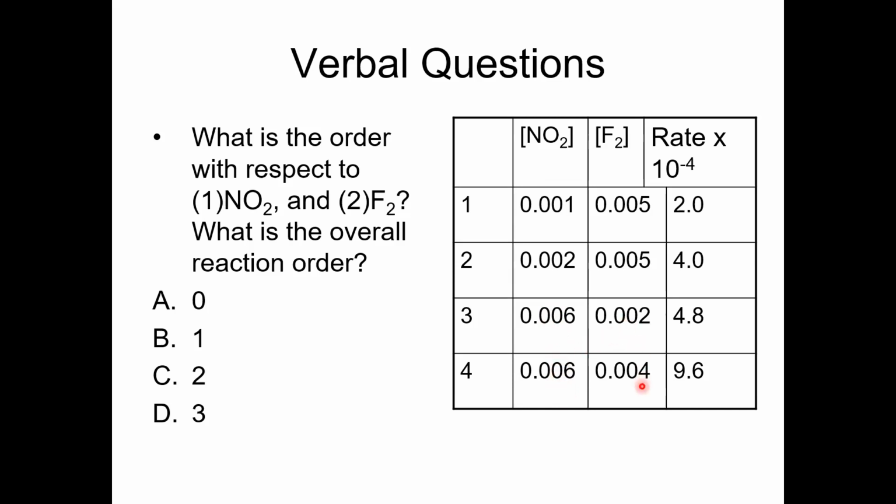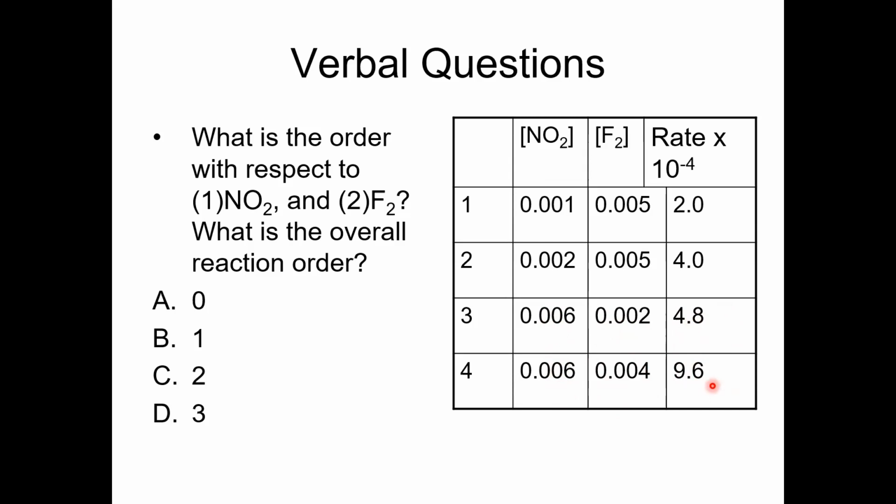The concentration of the fluorine doubles, going from 0.002 to 0.004. And what happens here? We might not be able to do this in your head, so try plugging it into your calculator. You will find that the rate has actually doubled here. So again, we doubled our concentration and we doubled our rate.